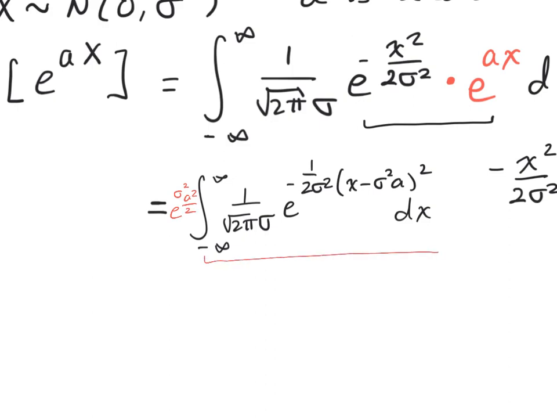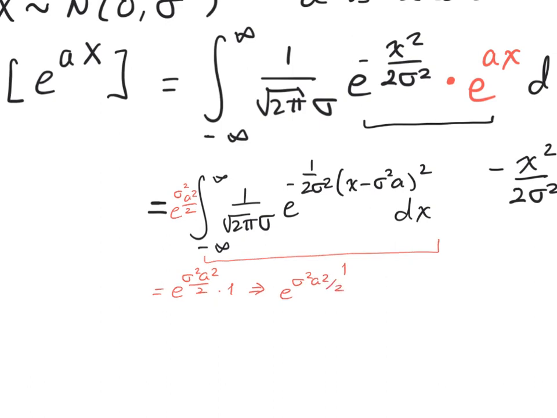Remember that all of this is equal to 1. That's the only reason why we complete the square. So therefore this will give us e to the sigma squared a squared over 2 times 1, which is just e to the sigma squared a squared over 2.